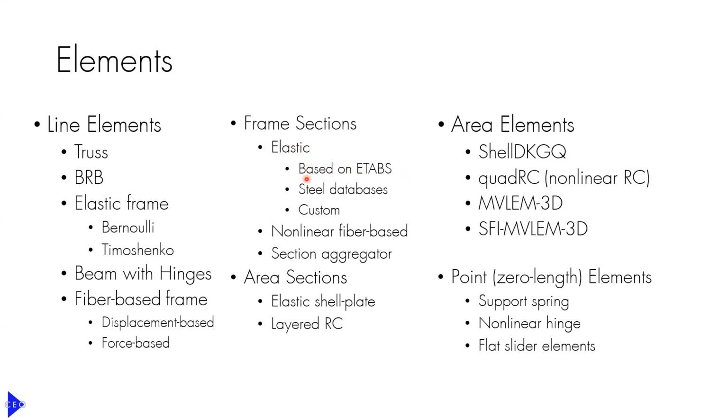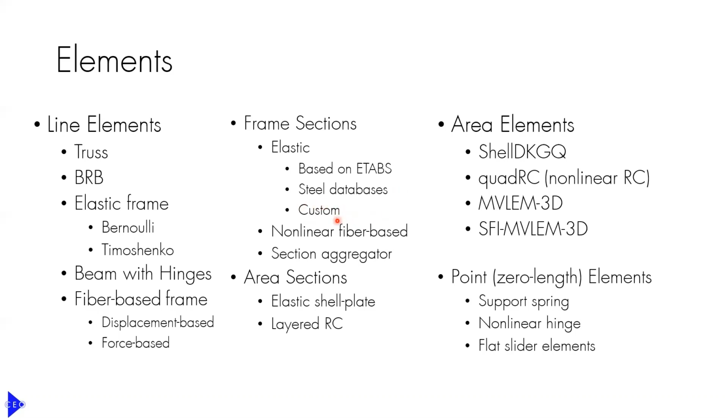First of all, the elastic one is just grabbed from ETABS directly, so you don't have to do anything in Excel. And there's also an option to use databases of steel sections, which probably is useful if you're modeling steel buildings. And I will demonstrate how to do this for different types of databases. So if you want to use AISC or maybe Chinese, New Zealand, or whatever.